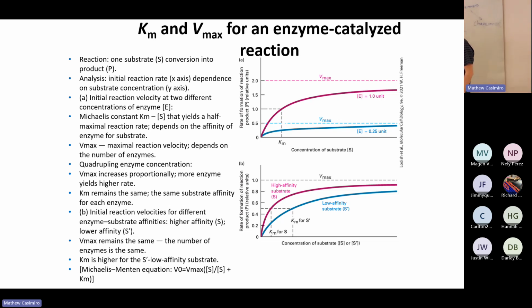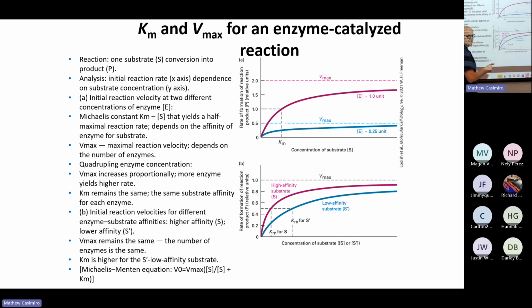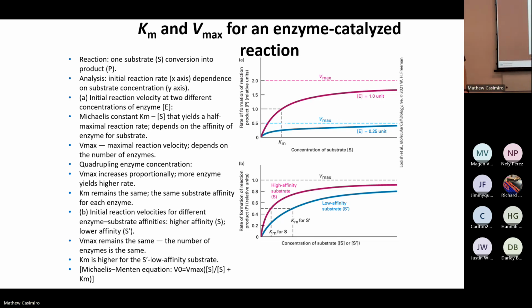And we know the explanation for that. So what is the explanation? Why doesn't this keep on going up like that? Because there are a limited number of sites on the enzyme.